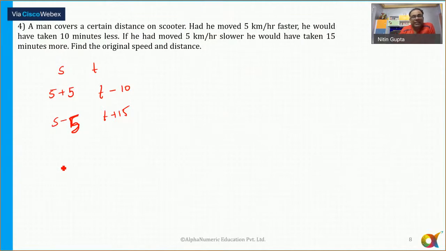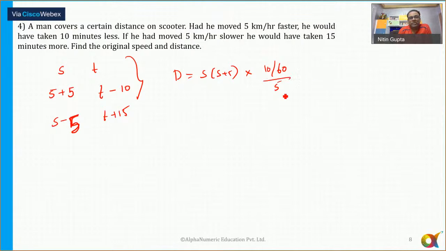Okay, so again same thing, first write down this. Distance is equal to s into s plus 5 into change in time, which is 10. I'll write 10 by 60. Why by 60? Because the time is given in minutes, so I converted that into hours. Upon change in speed, which is 5.